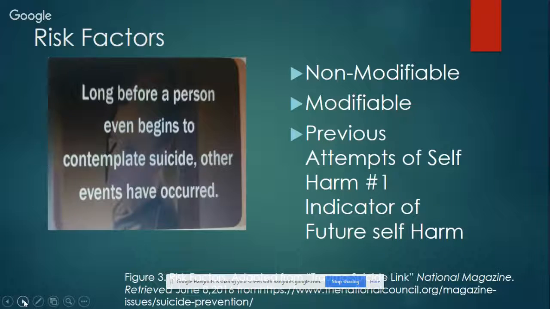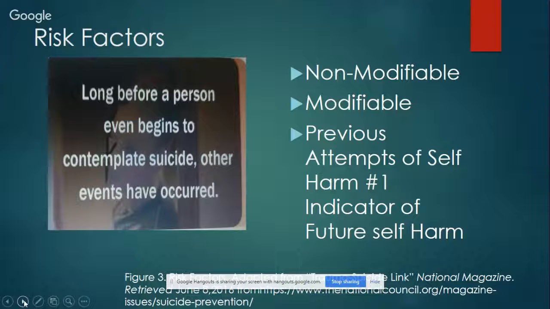Pre-existing non-modifiable risk factors are age, where suicide is usually higher in the young and the elderly; gender, which is usually found in males; race, which has a higher rate among white males; if there's a family history of suicide attempt; mental illness, child mistreatment, sexual trauma.